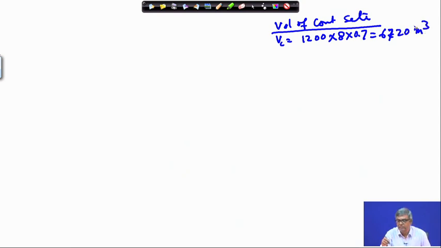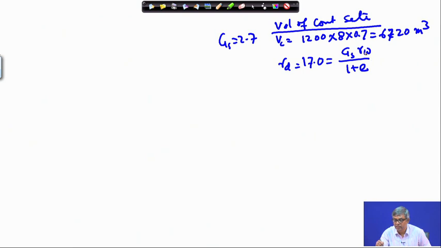And gamma d is given as 17.0 kilonewton per meter cube, that is actually equal to Gs into gamma w by 1 plus e. If I take Gs equal to 2.7 and gamma w equal to 9.81, and this is known, this gives you e equal to 0.55, yes.